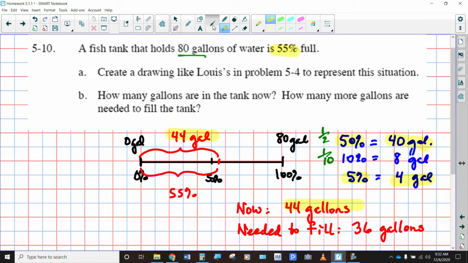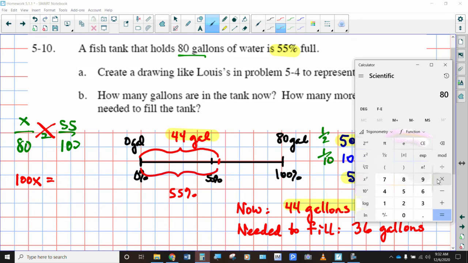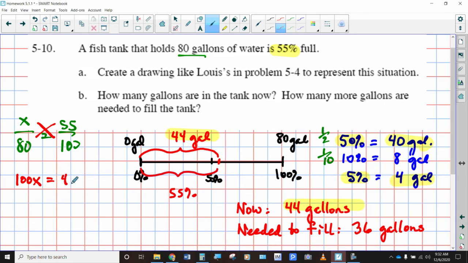Okay, now let's come back and show the proportional reasoning. The total was 80. We didn't know what the part was, but we know that part represented 55% of the total. So I'm going to cross multiply here. I'm going to take 100 times x is equal to 80 times 55. 80 times 55 is 4,400.